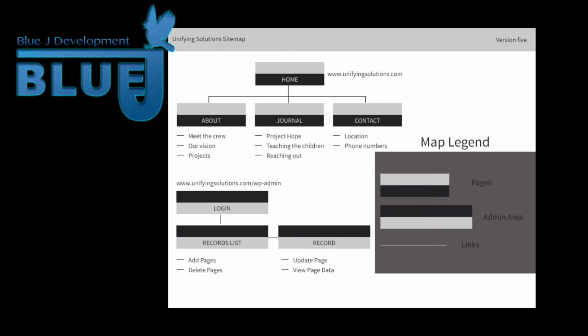And after you get to log in, you'll see you're coming into the control panel of your WordPress. And from that control panel, you'll be able to update the pages that you already have on the site. You'll be able to add pages to the site, as well as delete any pages or anything within the site from that control panel.